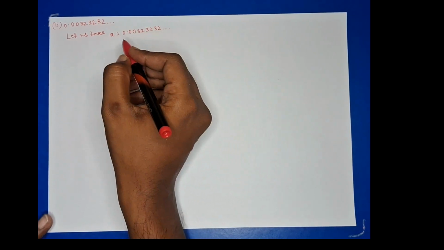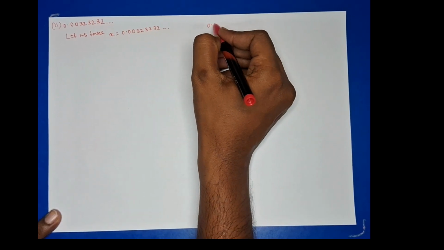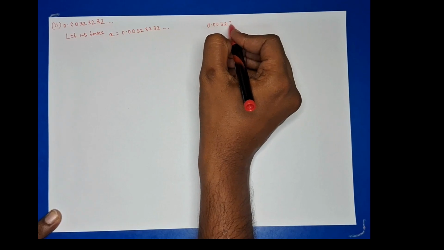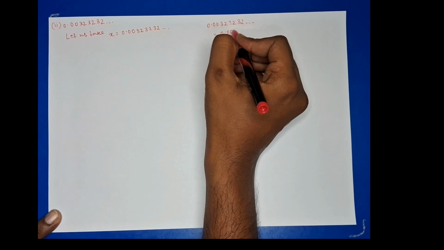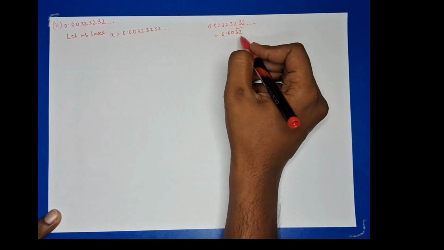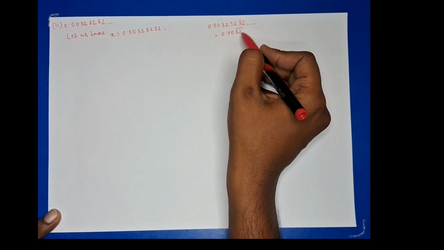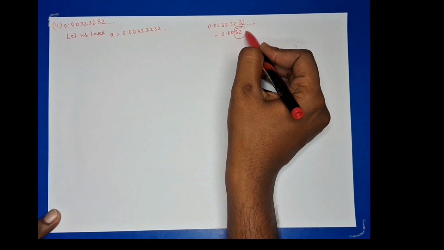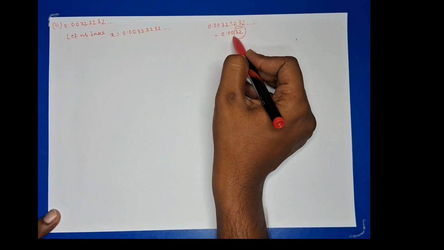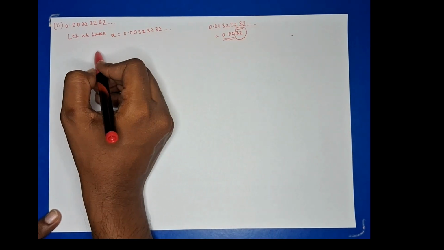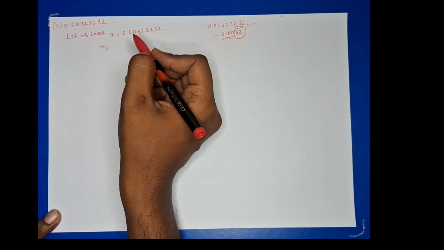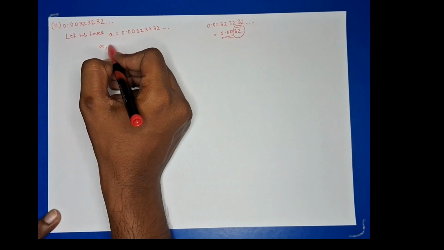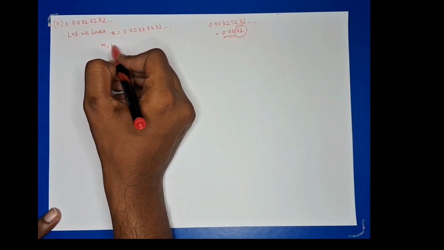This 0.00323232 dot dot dot means 0.0032 bar. So what we are going to do is separate this 32 bar from the other portion of the number. How are we going to do it? We are going to multiply by 100 on both sides, and let us see what happens.